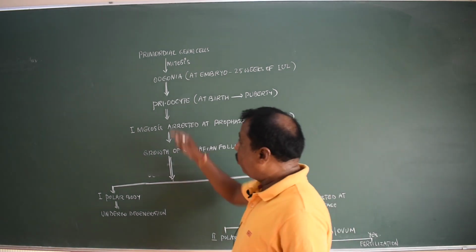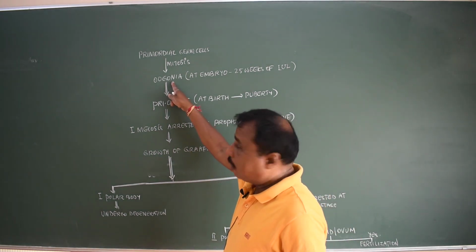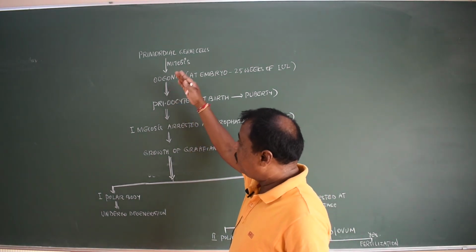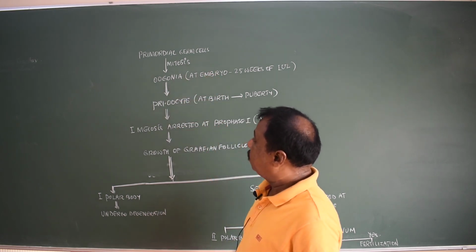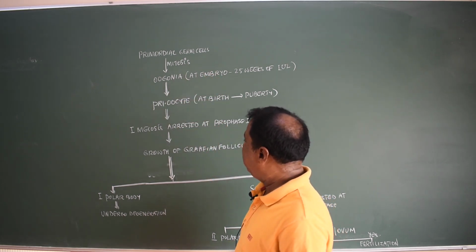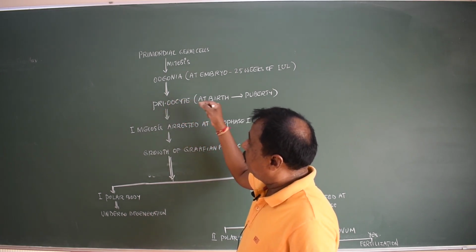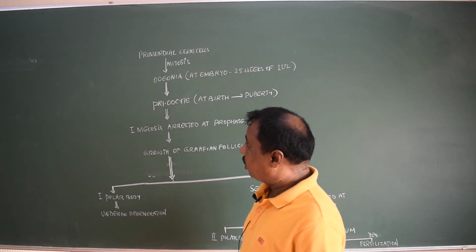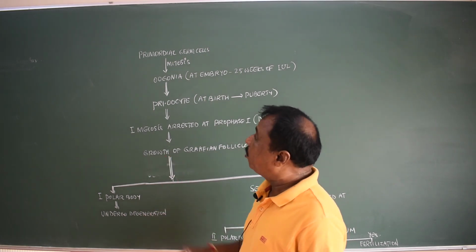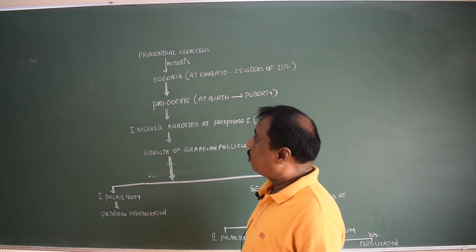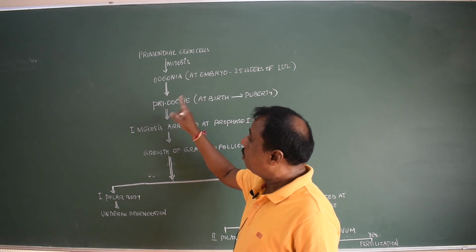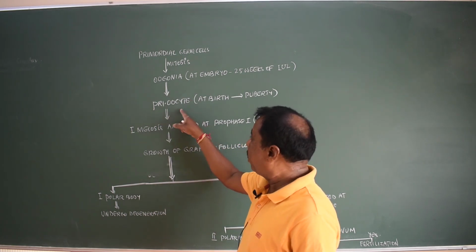And these oogonia, after obtaining a large number, enter into the next phase called growth phase, where deposition of reserve food materials takes place, biosynthesis of biomolecules, the volume of cytoplasm increases, each oogonium increases in size to form a primary oocyte.